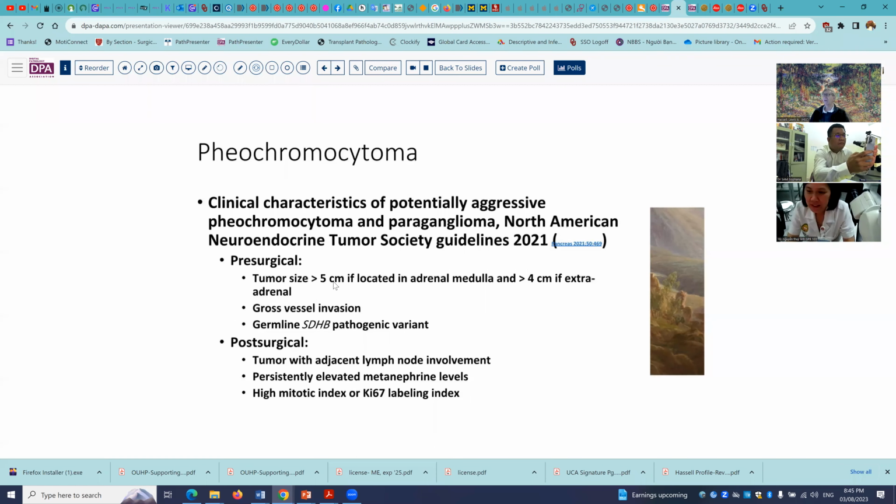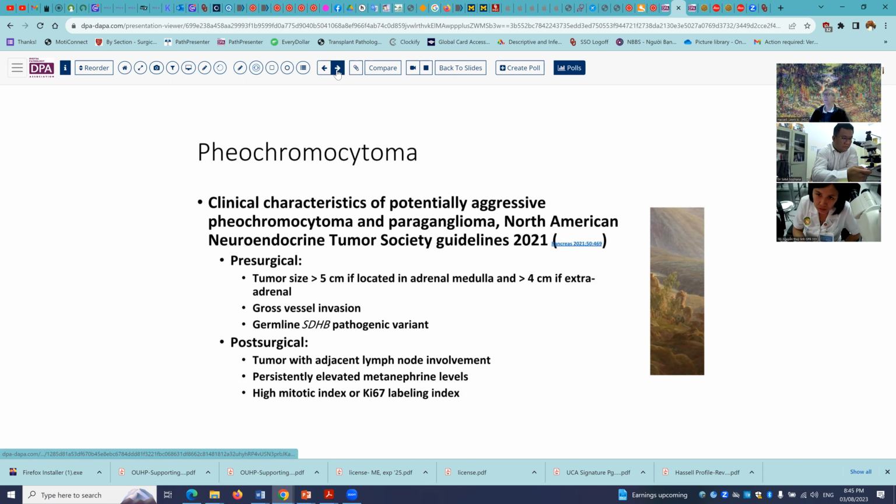So these lesions that have a larger tumor size or have vessel invasion grossly, or if there is a known germline SDH mutation, then those are the ones that are considered more aggressive. Once we've examined it, if there's a high mitotic index or they have continued elevation of metanephrines, then those things portend bad outcomes.